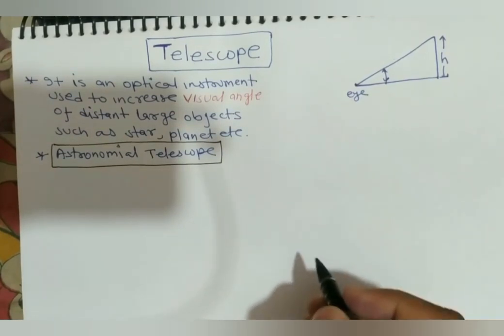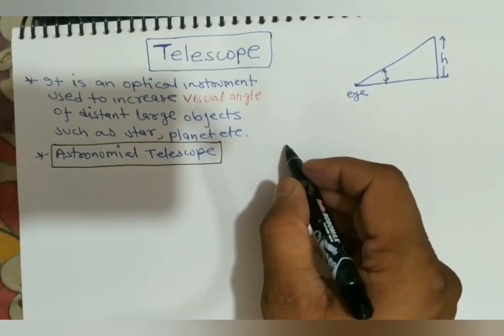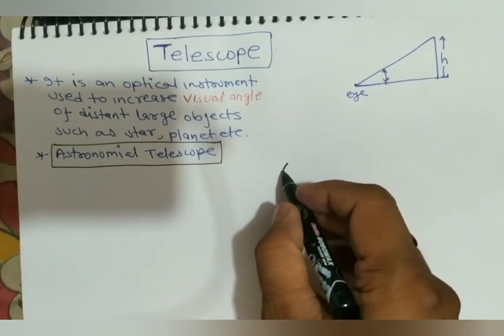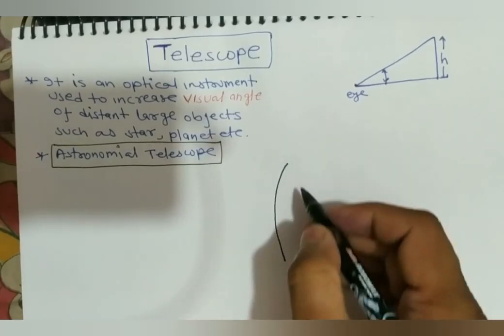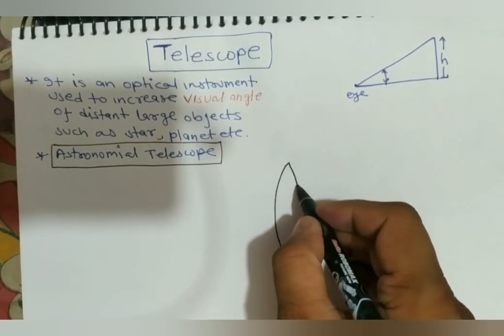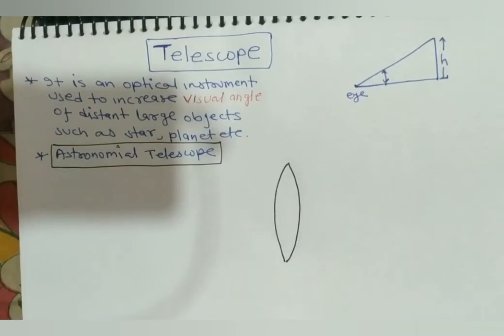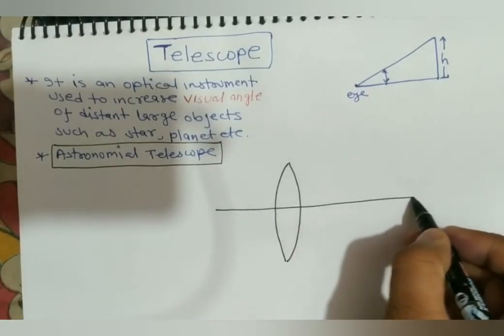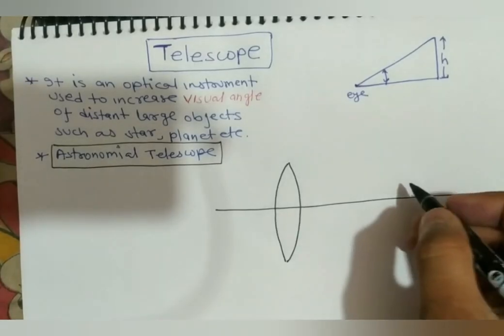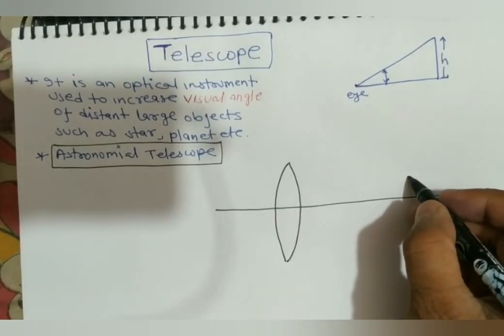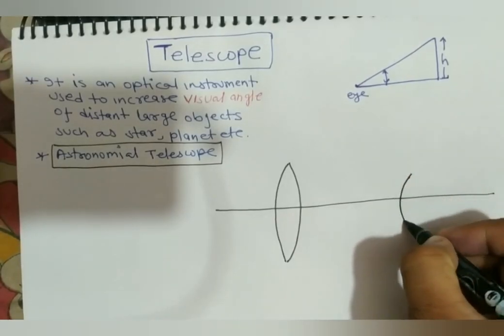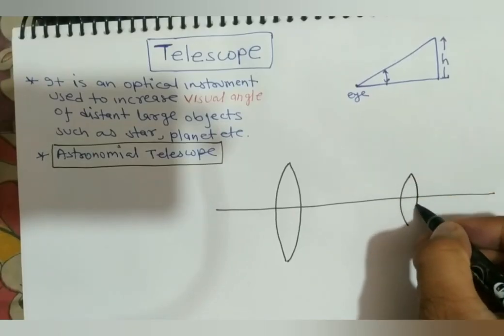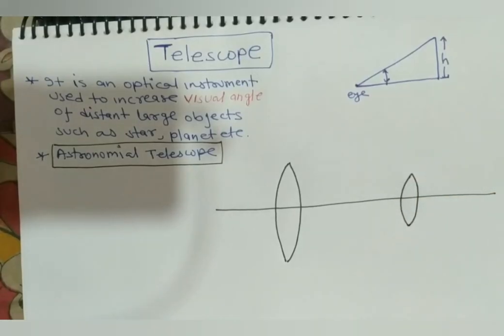So let's just draw the ray diagram first. This is the first convex lens and this is the axis, and the second lens is smaller compared to the first lens.